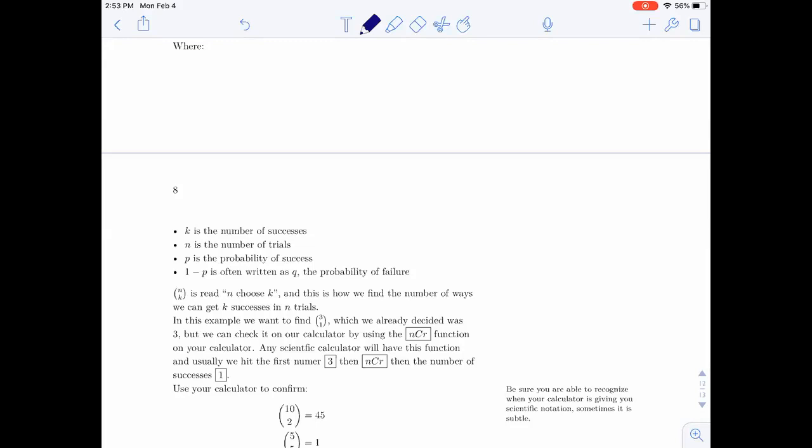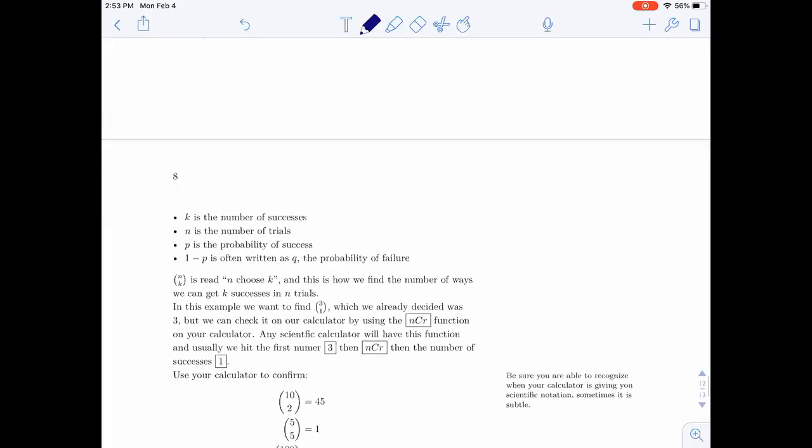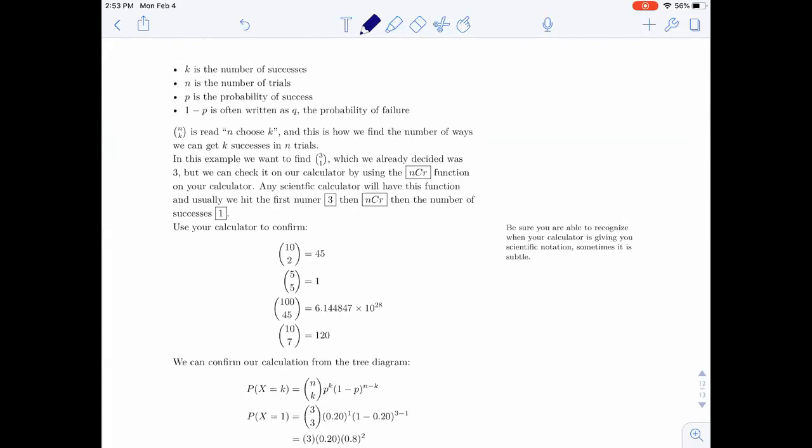Doesn't show you anything, you just trust it. And then you hit 1 equals 3. It's not very helpful because we had a 3 in there. So why don't we try a different one? So what I want you to do is just use your calculator just to confirm that you're getting these same values. So do 10 choose 2 equals, should be 45.